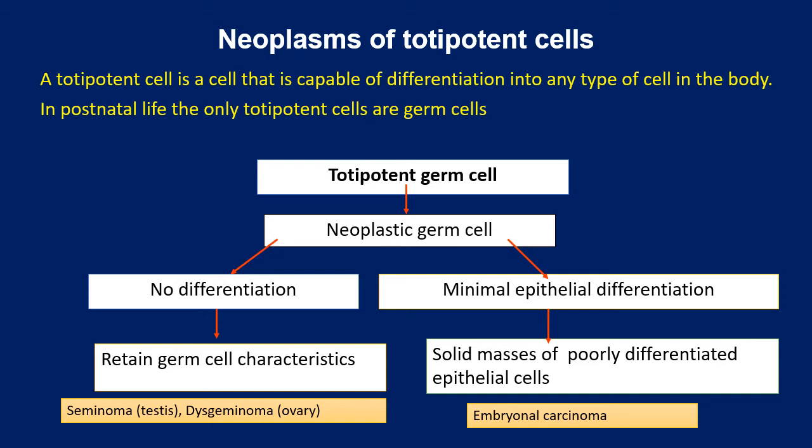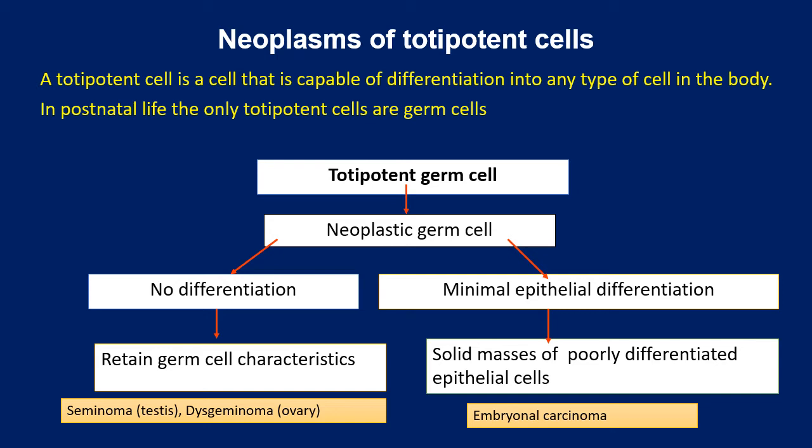So what is the meaning of totipotent? Cells have the capacity to differentiate to any type of cell in the body. So we have a totipotent germ cell that may be transformed into a neoplastic germ cell.